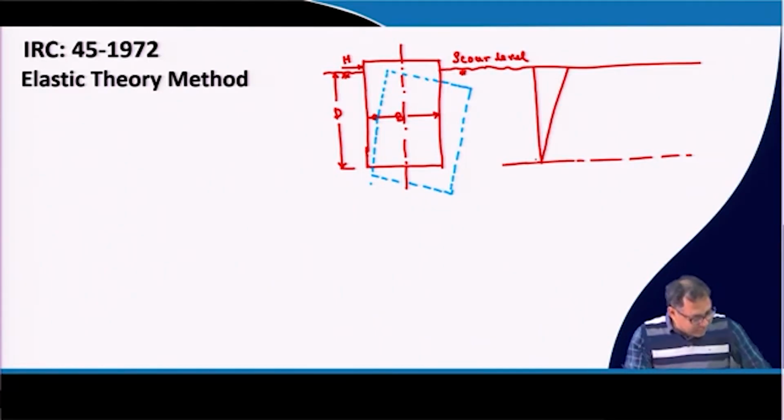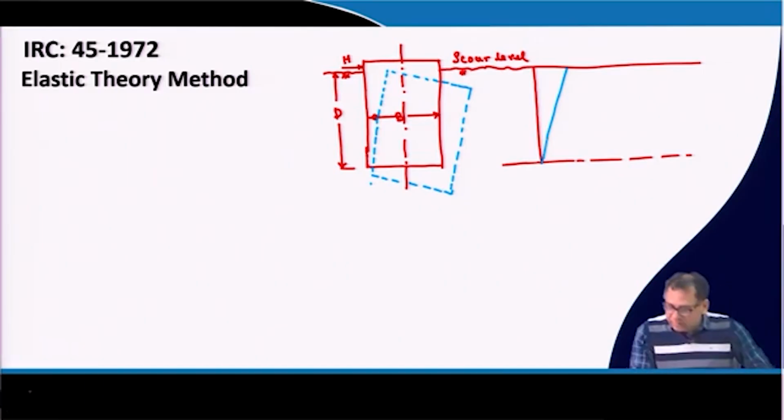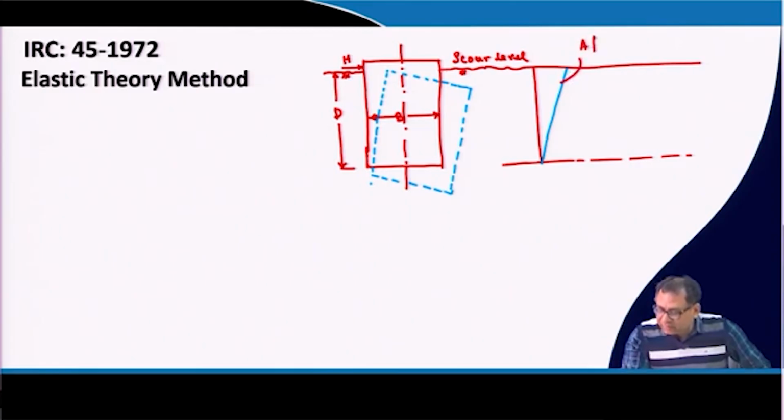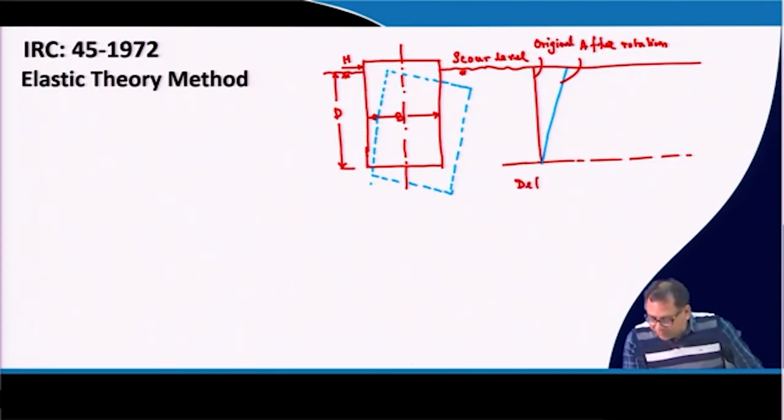This is the rotated position of the well, the new position after rotation, and this is the original position. So, this is the deflection profile.